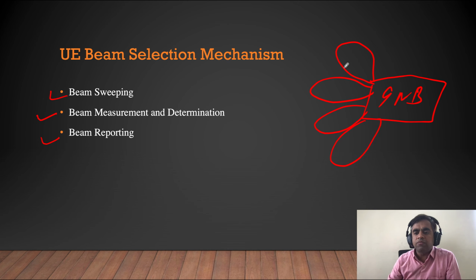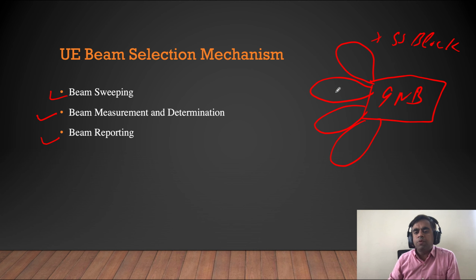So you see there are four beams. This one block is called the SS block, the synchronization signal block.